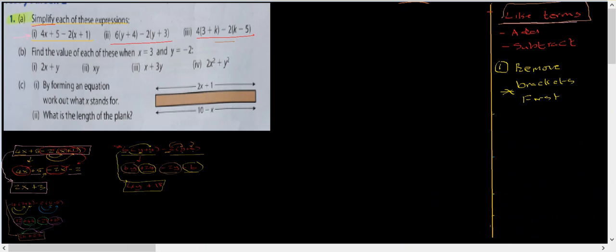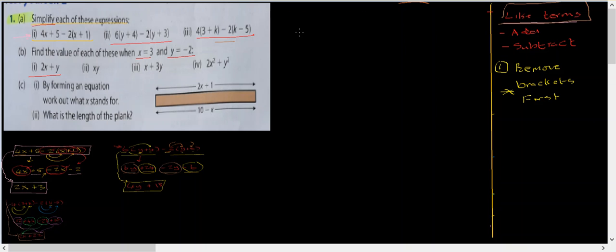So the next one then, we look at the next questions here. Find the value of each of these when x is equal to 3 and y is equal to minus 2. So we'll do the first one. We'll just write out the expression.